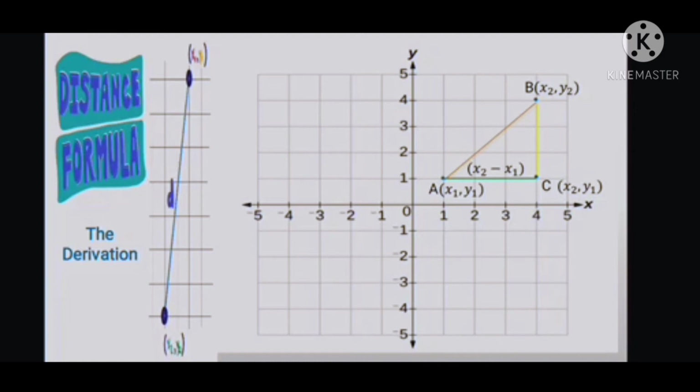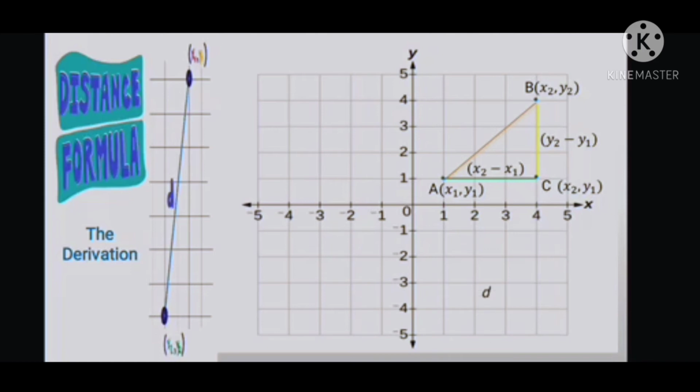While the distance from B to C, or length BC, let us denote as y sub 2 minus y sub 1. Since it's a vertical line, that is the change of y, y sub 2 minus y sub 1. While the length of A to C is x sub 2 minus x sub 1. So we now have the length of the two legs.